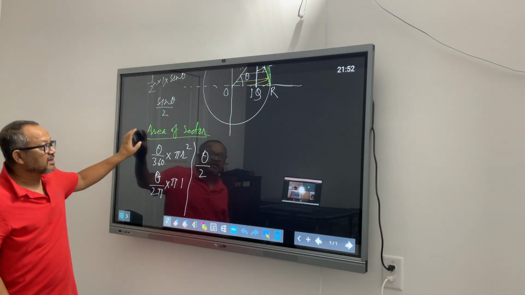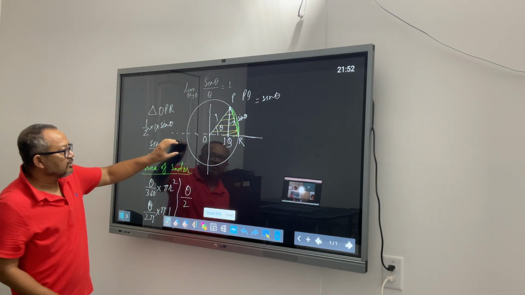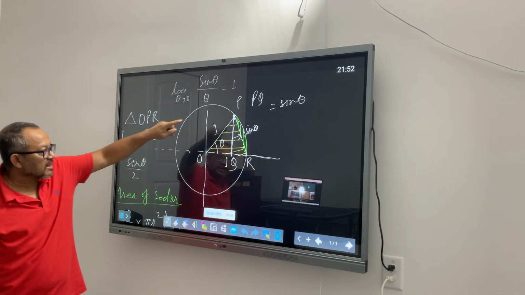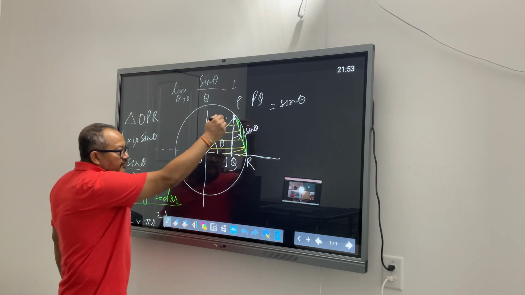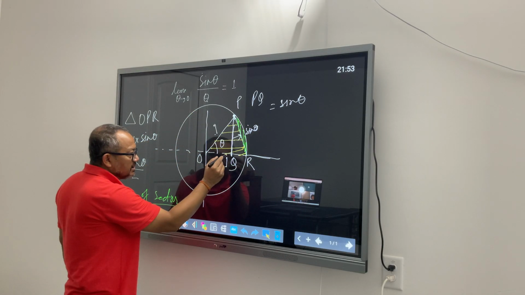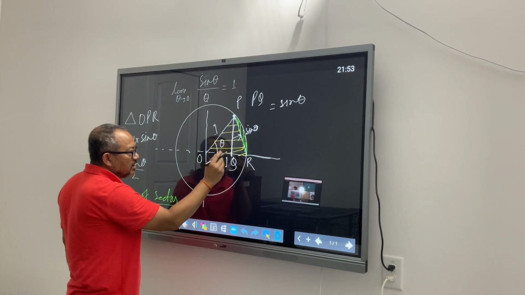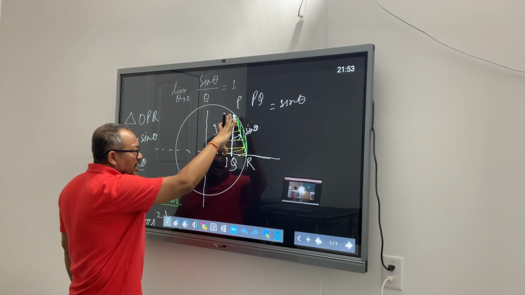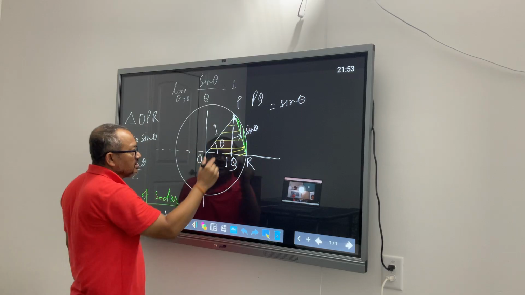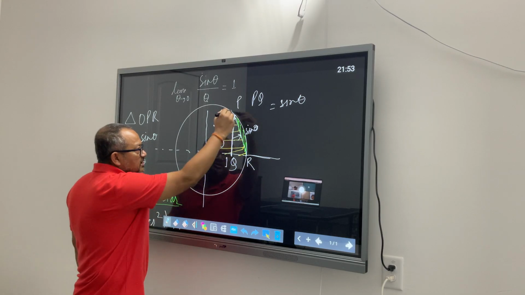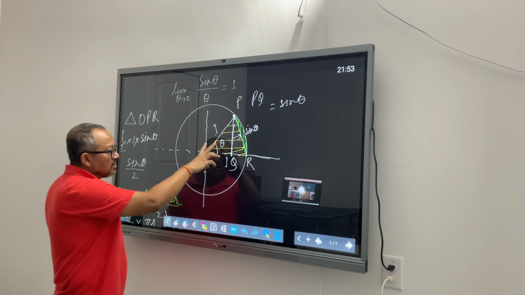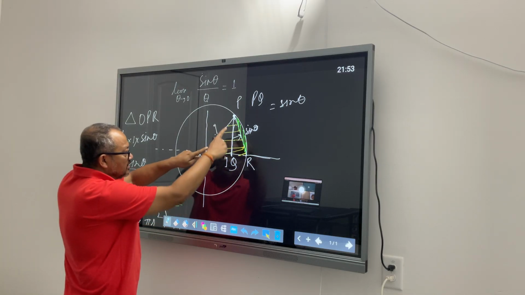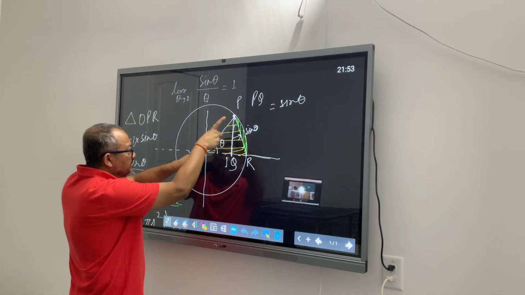So, okay, let me state my story one more time. We picked up a point P on the unit circle and dropped a perpendicular from there onto the x-axis. We are trying to find out the length of this, or the height of this triangle basically. We are trying to find out the distance PQ. And just going by the shortcut law, this is my angle theta, this is the opposite side by hypotenuse.